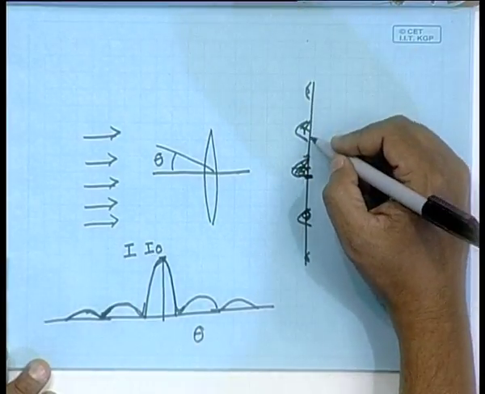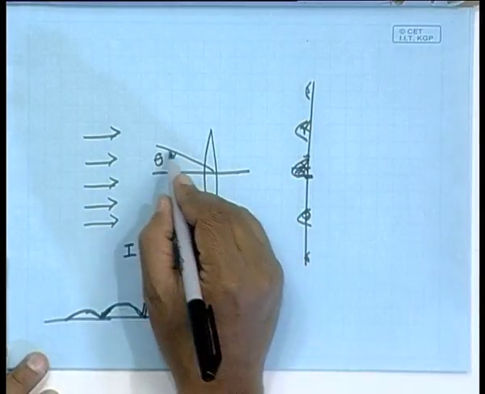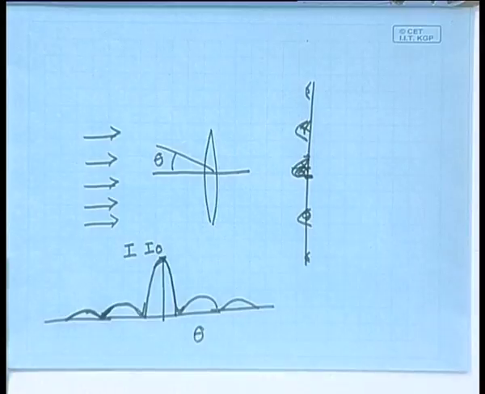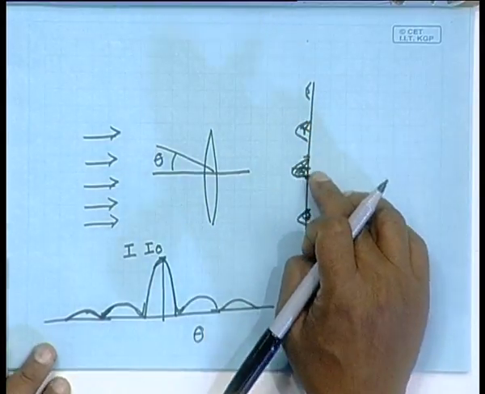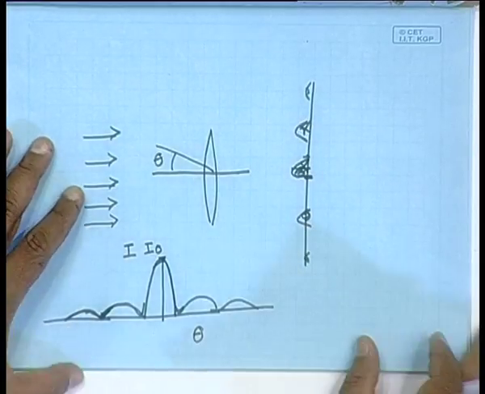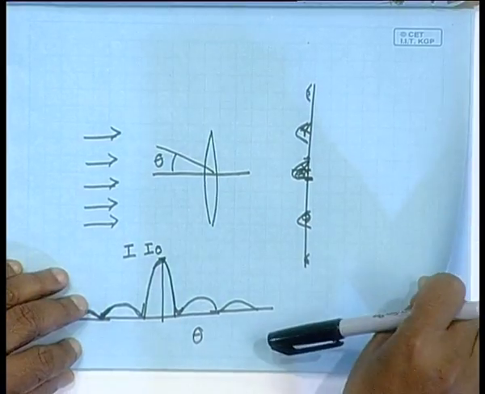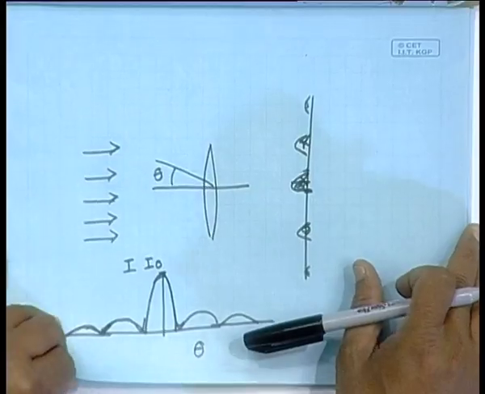The intensity of the bright spots is going to diminish as you go to larger and larger distances from the center, or as you go to larger and larger angles, but they will be there. So, this is what is referred to as the diffraction pattern of a single slit. Let me draw it for you here.